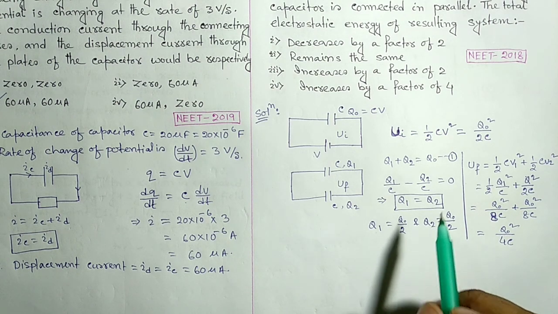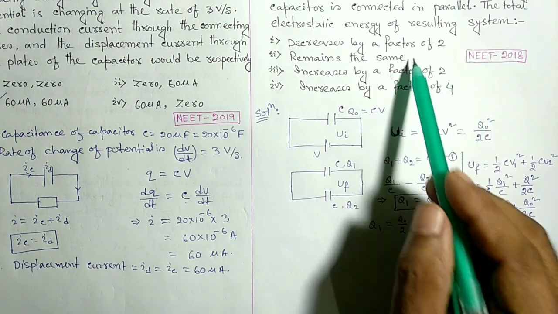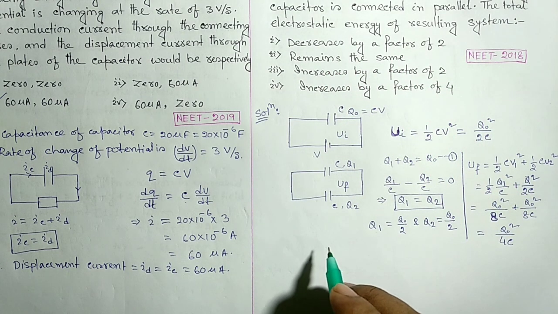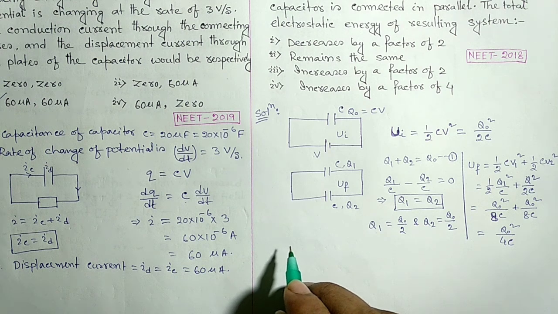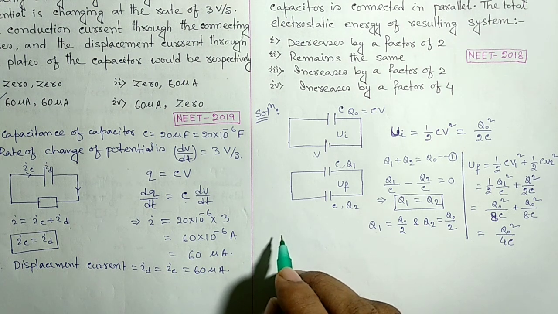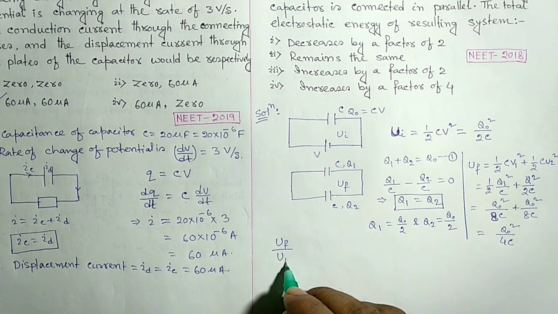Now we have to find the factor of change in the total electrostatic energy of the resulting system. For the factor, we find the ratio of the final energy to the initial energy.